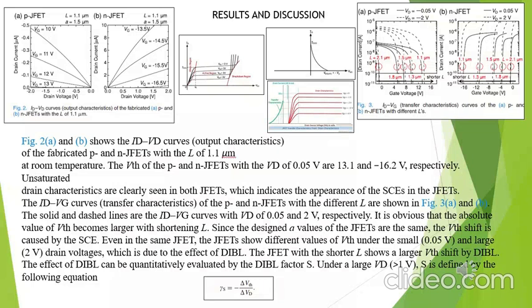As you can see, this is the output or the drain characteristics of an n-channel JFET, specifically the silicon carbide JFET which is experimented, and this is the silicon carbide PJFET.